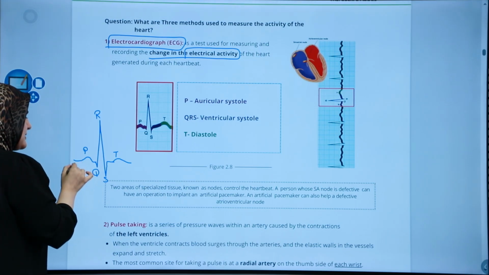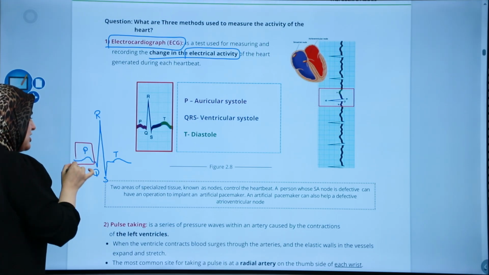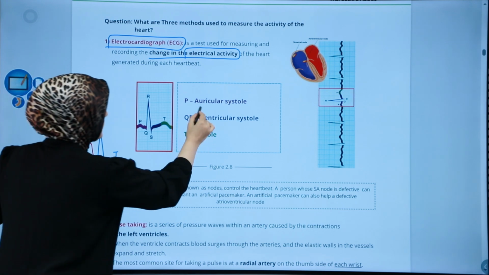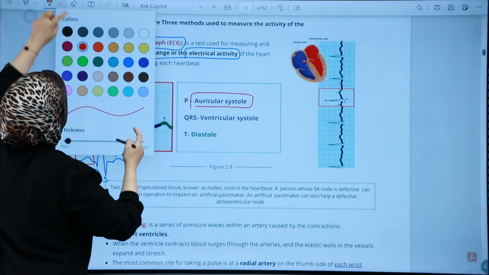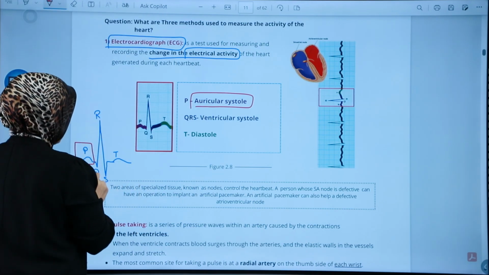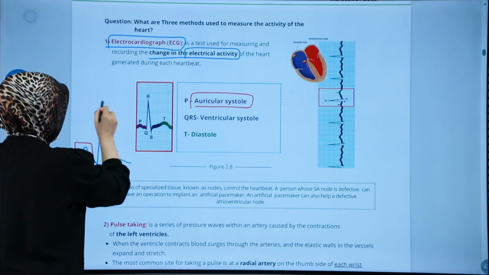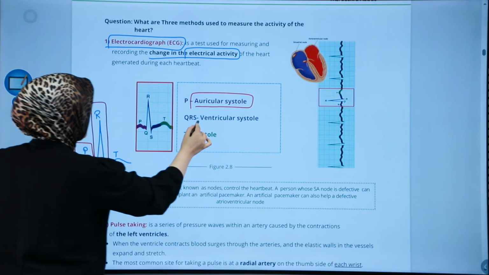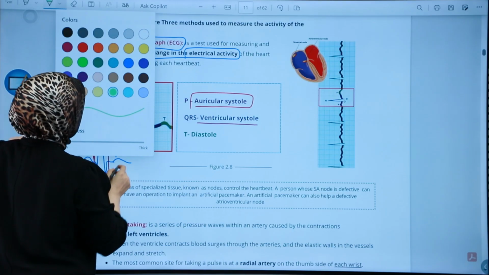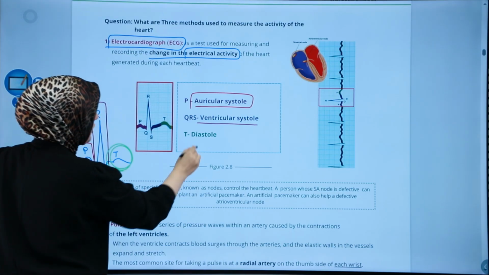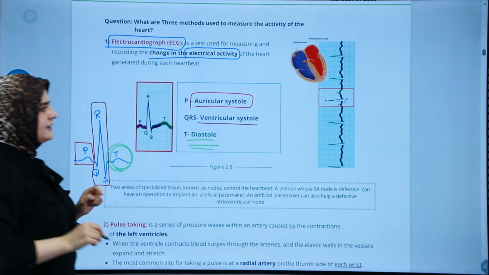The P wave represents the auricular systole, while Q, R, and S, the longest part here, represent the ventricular systole. The last one shows the relaxation of the heart, the diastole.